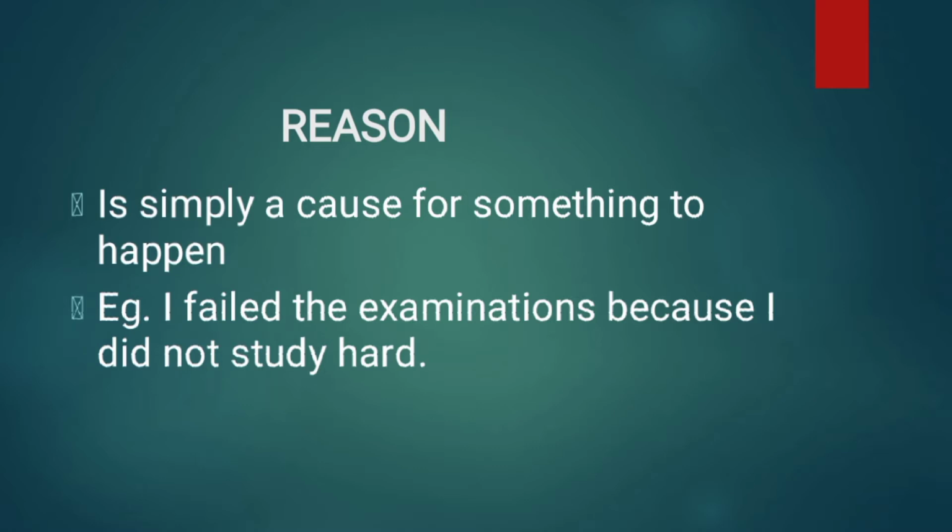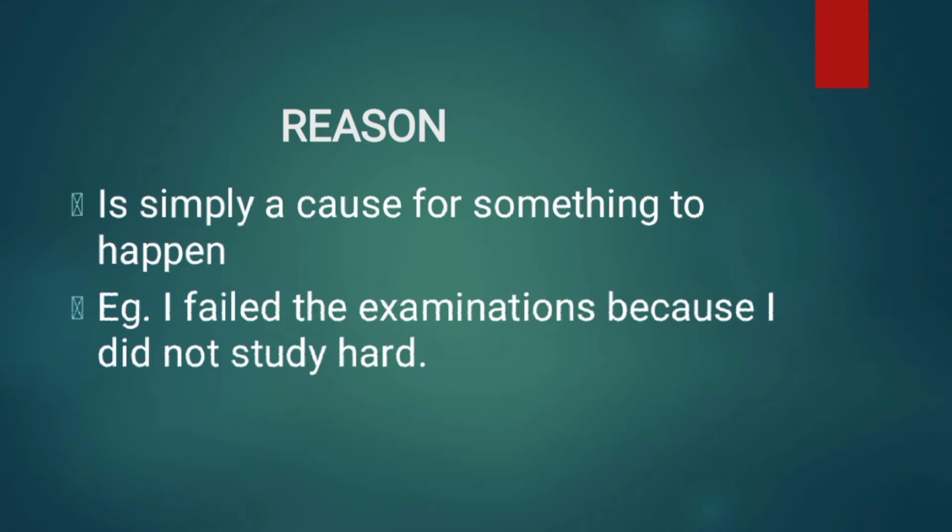Let me give you an example. I failed the examination. This is what happened. Now, why did this happen? Why did I fail my examinations? Because I did not study hard. So the reason here is that I did not study hard.